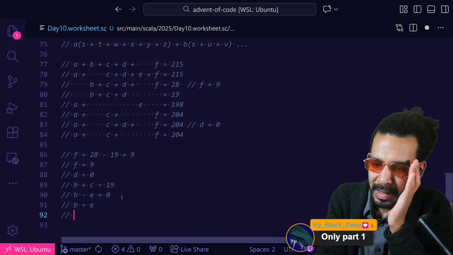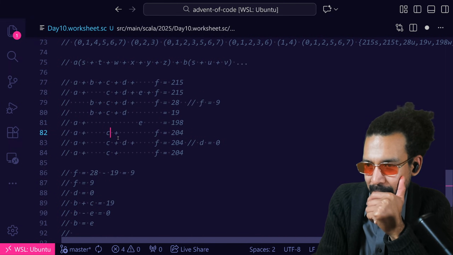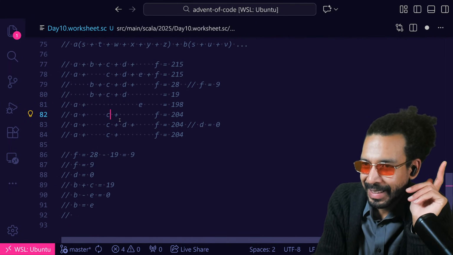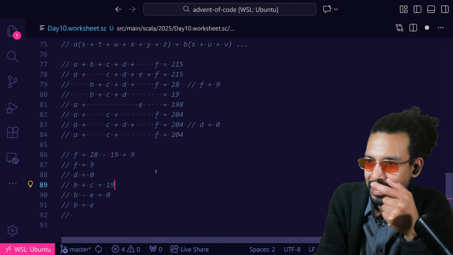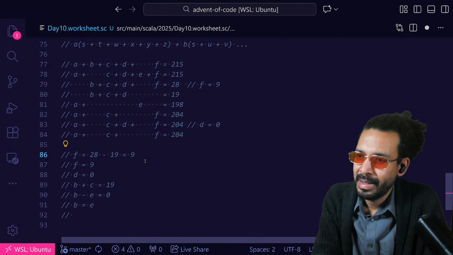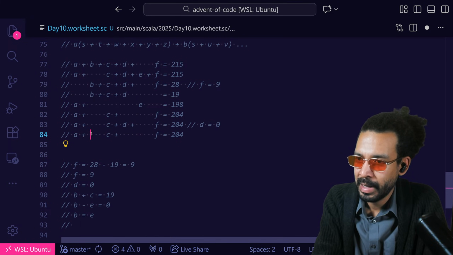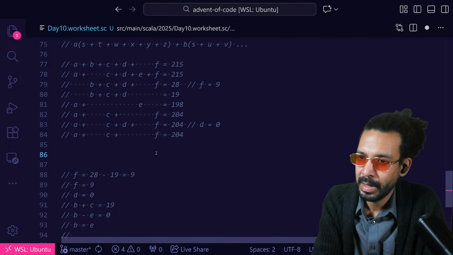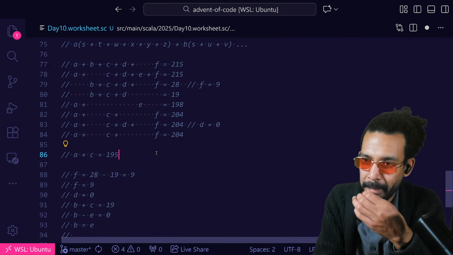I am running out of brain power. The last thing I want to do is just solve this equation by hand. I could plug stuff in. I could simplify some of these. So F is 9. We have A plus C plus F, so A plus C equals 195.